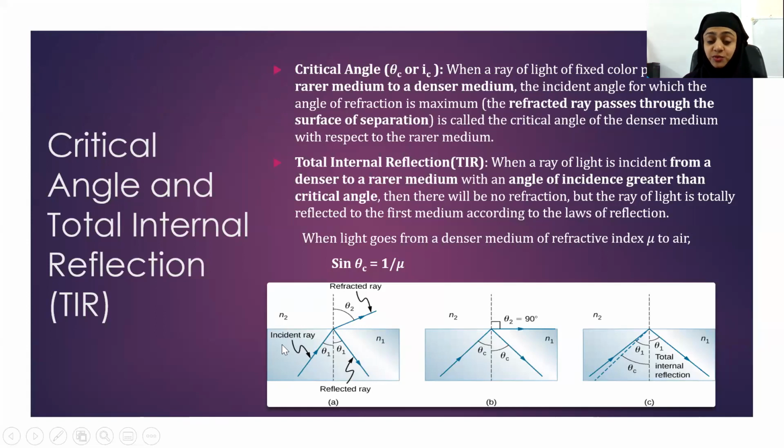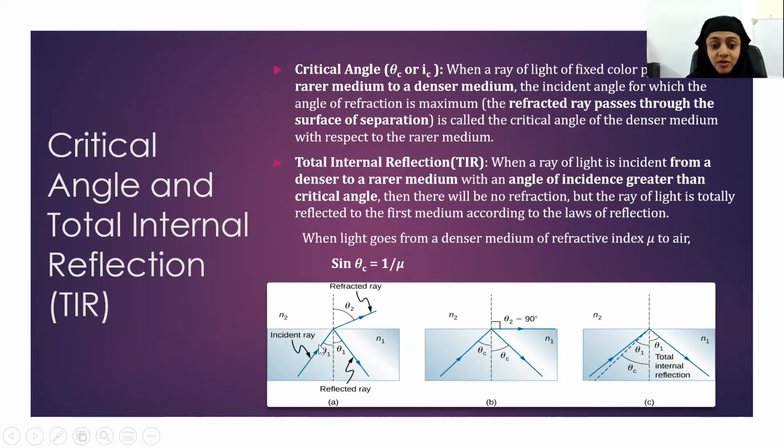Suppose this is glass or water and this is air. In most of the books, you can see refractive index represented by the letter n, but in your textbook, it is mu. That is why here in this picture, it is n, but we learn refractive index as mu. It doesn't matter. In most books, it will be seen as n.